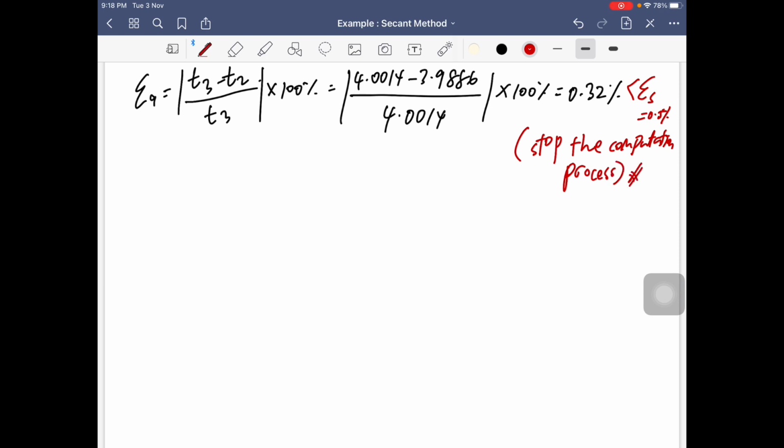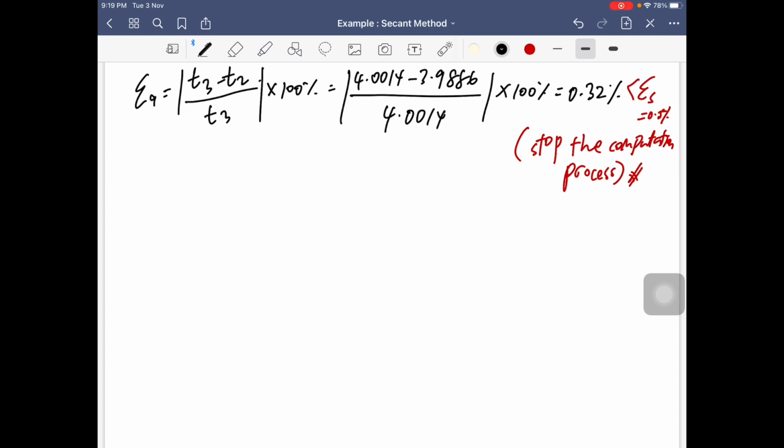Okay, so actually we can summarize our solution in a table, or you can also use a table at the beginning of the solution. Not necessarily showing step-by-step calculation.